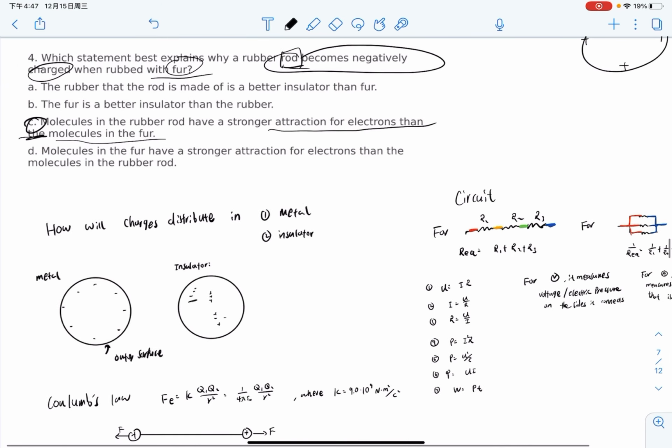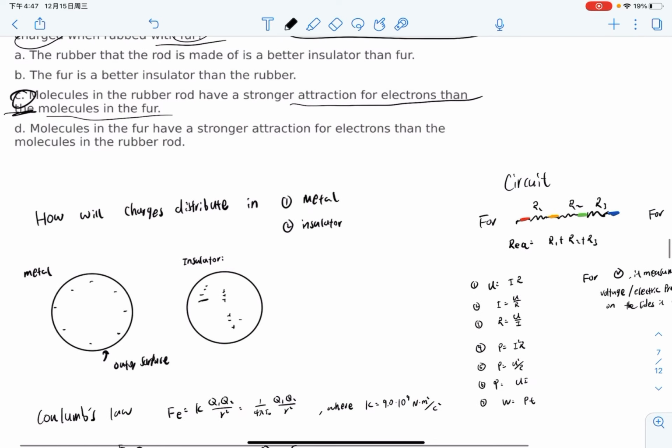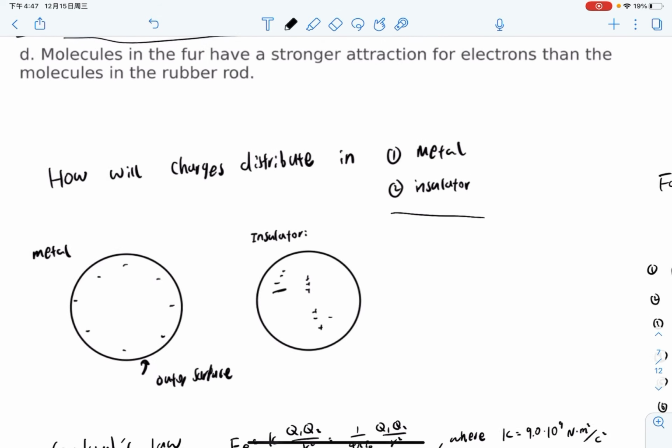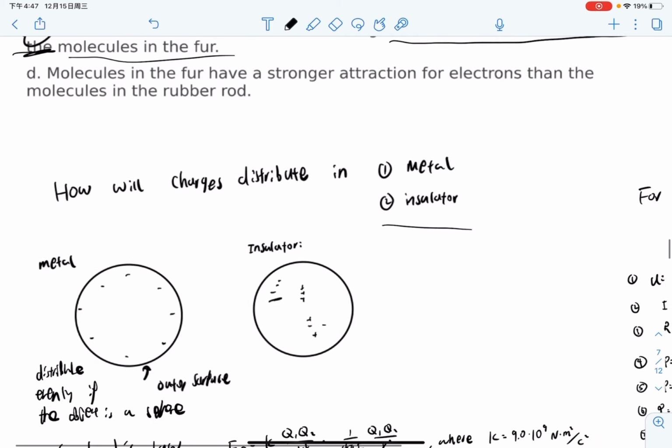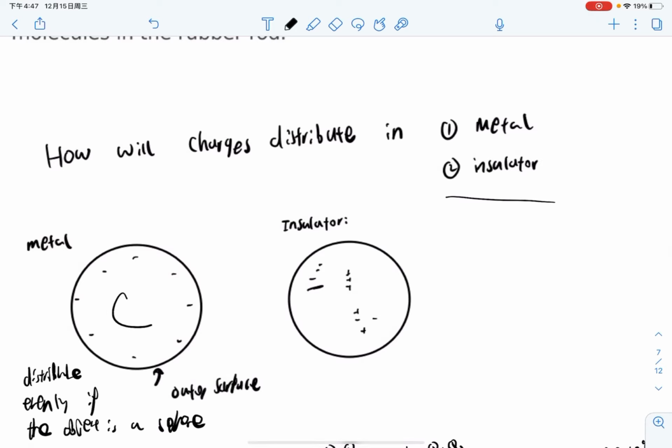And moving on, we're going to take a look at how charges distribute in first metal and second insulator. So for the metals, the charges will distribute evenly if the object is a sphere. And there will be no electrons or charged particles inside the shell.